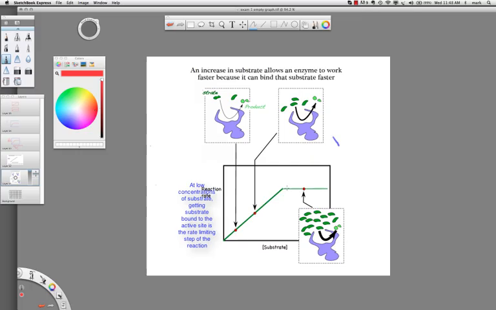What about when that is no longer the relationship? What about when substrate concentration increases no longer lead to reaction rate increases? What that represents is when there's so much substrate present that as fast as the enzyme can turn substrate into product, that's how fast the substrate will be replaced in the active site.